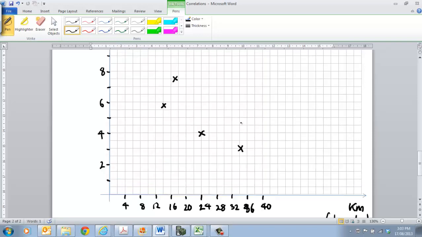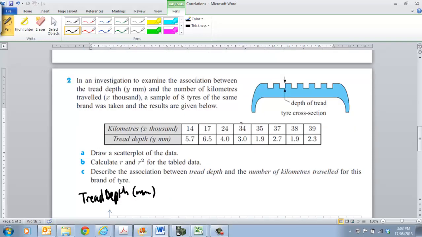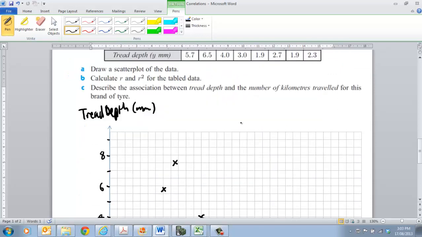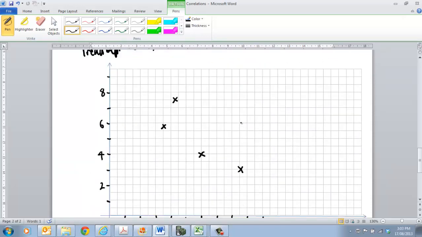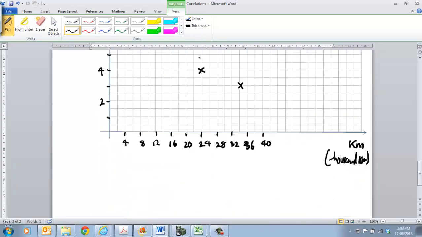And 35 is 2.7. So that's 34, 35 is 2.7. So it's about there somewhere. And then so on and so on.